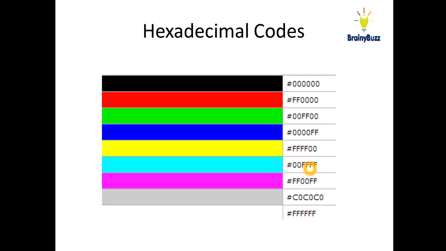In hexadecimal codes, when you make everything 0 you get black, and when you include all three colors you get white. Over there you can put 0 or full value for red, green, blue, the basic ones. If it is a combination, if you mix red and green you get yellow, if you mix green and blue you get cyan, and if you mix blue and red you get a violet color, and this is for the gray color for the hexadecimal codes.